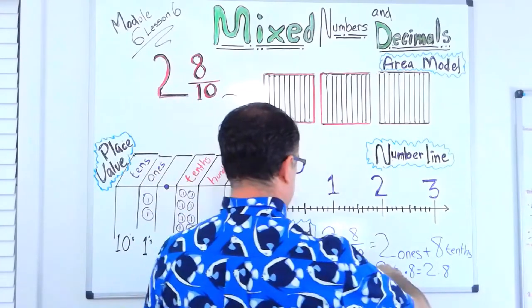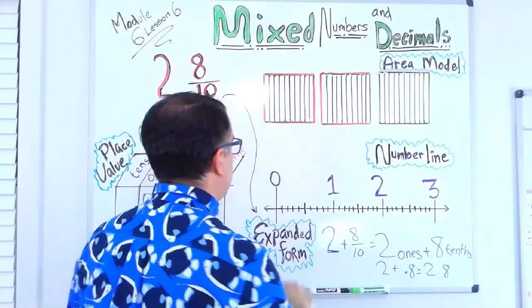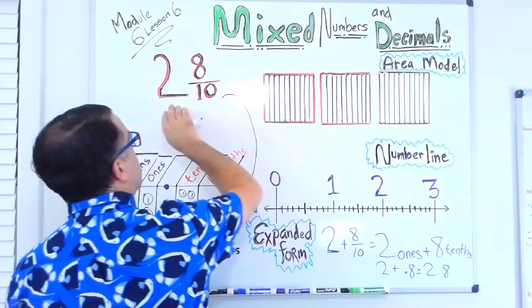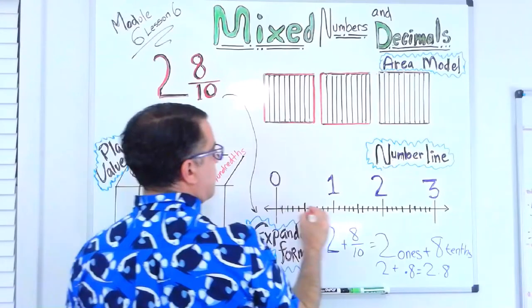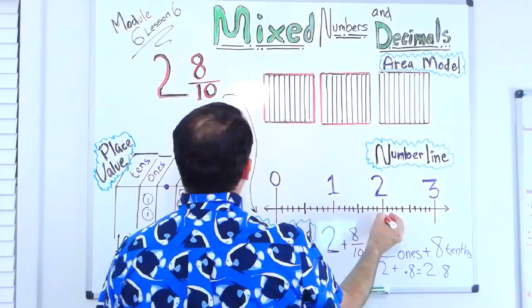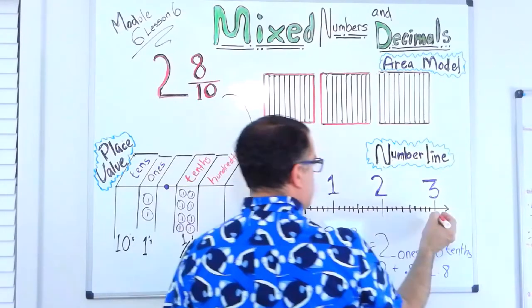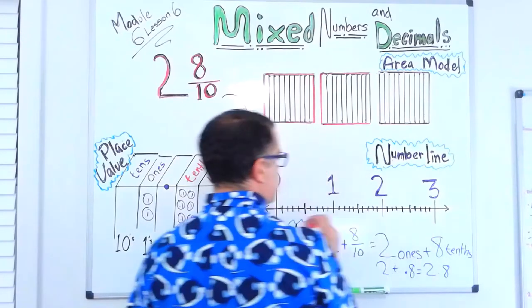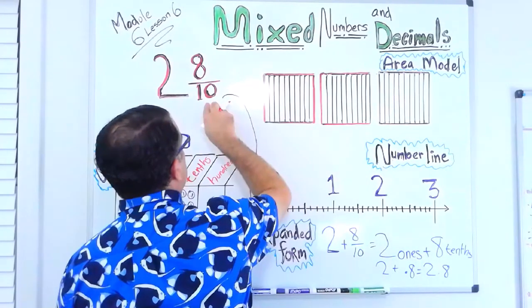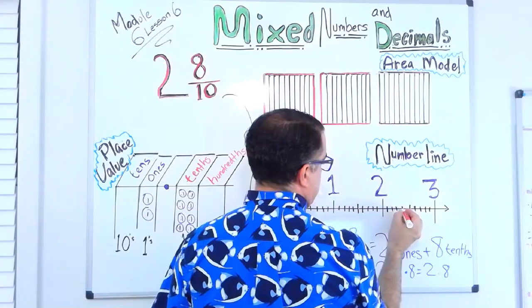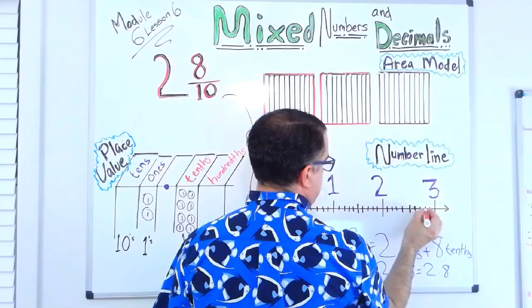On the number line, of course, we have a number line here from 0 to 3. These are whole numbers on top. If we're saying 2, I'm going to look for 2. Here it is right here. So if we're talking about tenths, that means there has to be 10 spaces in between 2 and 3, or 10 hash marks. So if we're talking about 8, I'm going to count to 8. 1, 2, 3, 4, 5, 6, 7, 8.